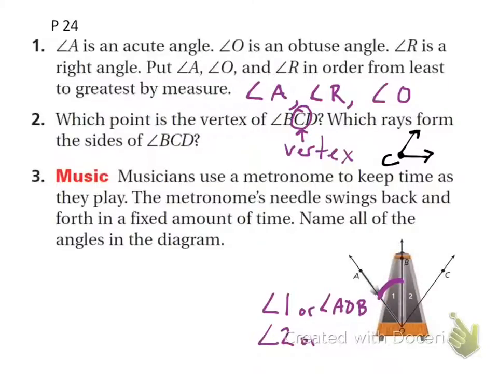And then angle 2, the red angle here, we could call angle BOC, or you can reverse the letters and do angle COB. And then last of all, that large angle all the way from A to C, angle AOC. It's the entire angle.